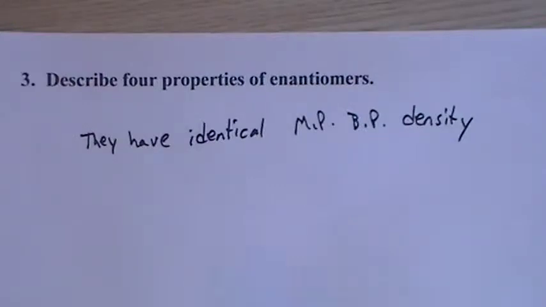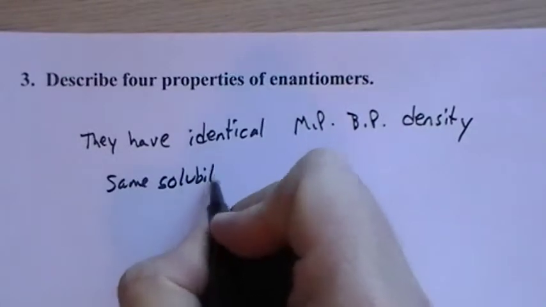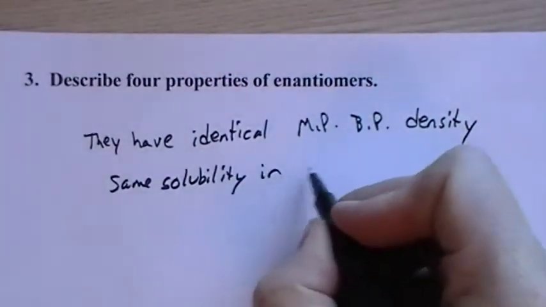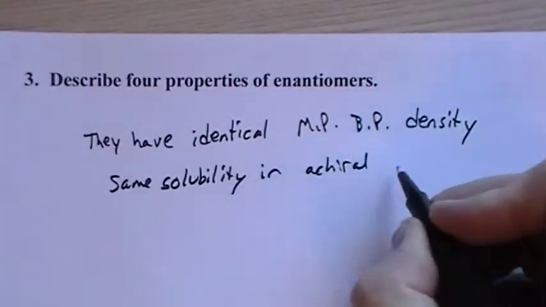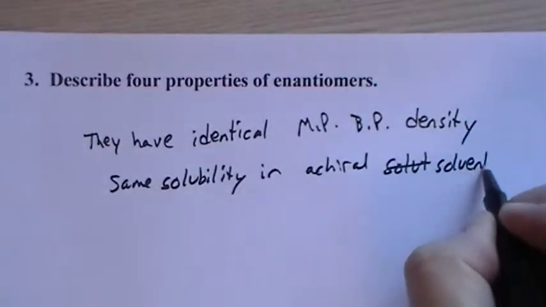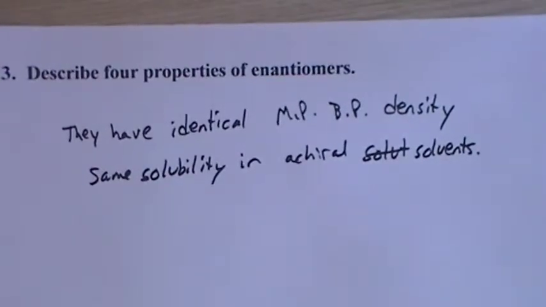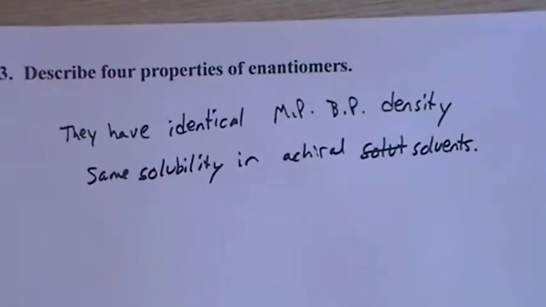They have the same solubility in achiral solvents, so ones that don't have any kind of stereochemistry going on with them, then they will dissolve both enantiomers in the same way.